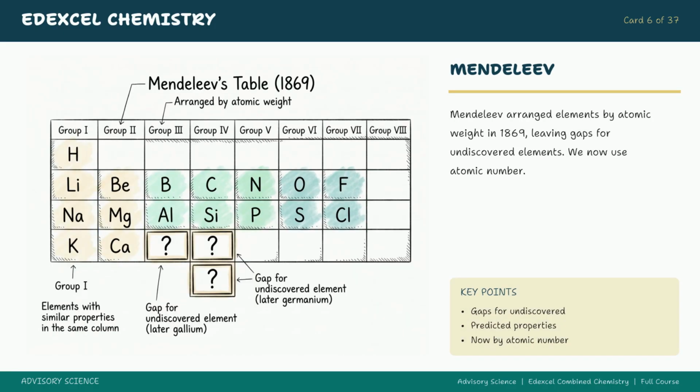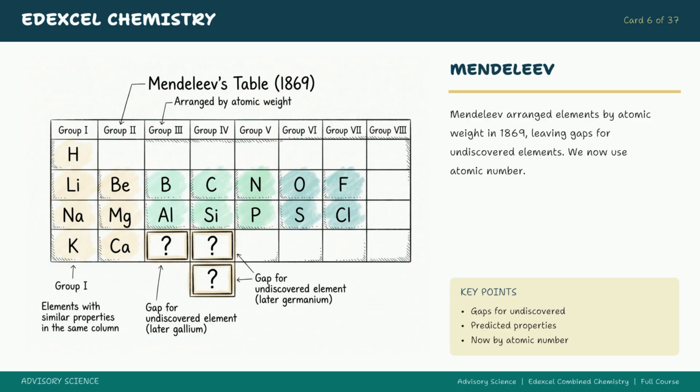Mendeleev. Mendeleev arranged the elements in 1869 in order of atomic weight, but he did something clever. He left gaps where the pattern broke, predicting that undiscovered elements would fill them later. He was right. We now arrange the table by atomic number, not by atomic weight, because that gives a tidier pattern with no exceptions.